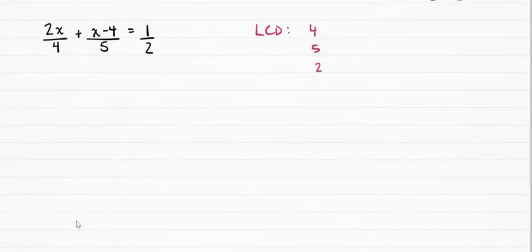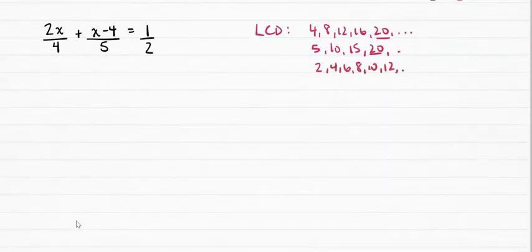If we list out the multiples for 4, 5, and 2, we should see that the lowest common denominator will be the number 20. Okay, so that's the lowest common denominator that we're going to use. So we're going to multiply both sides of this equation by 20.